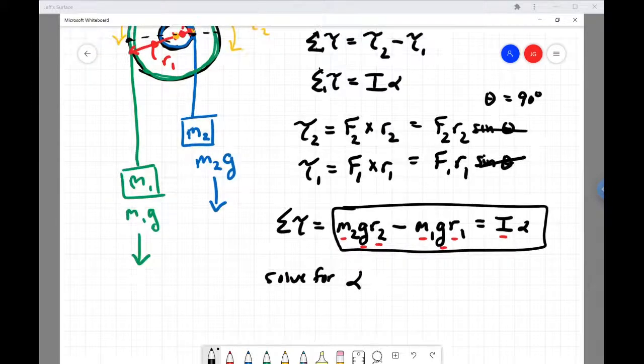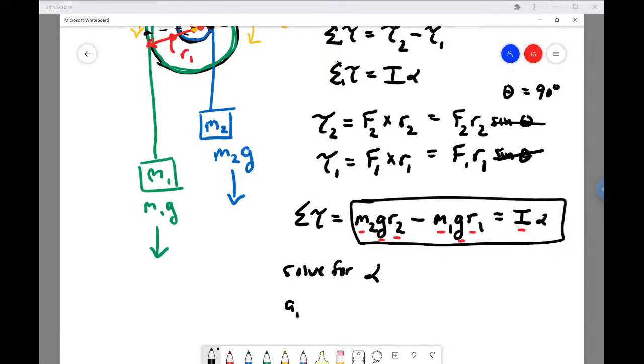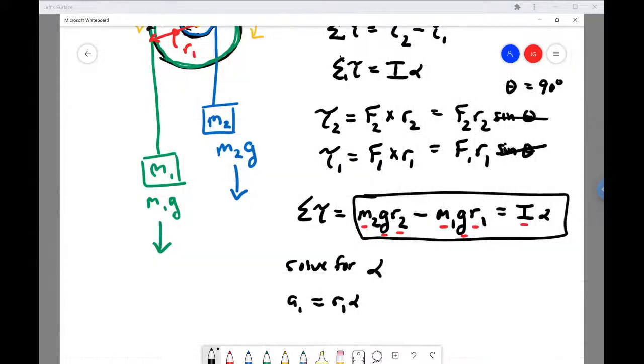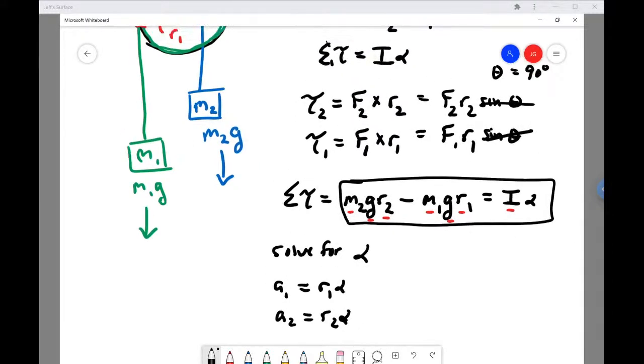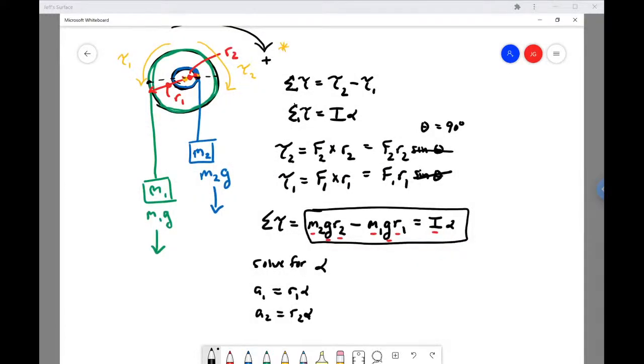And then once you have alpha, you can figure out the tangential acceleration of mass 1, because it's just equal to alpha times the radius R1. And you can find the tangential acceleration of R2 in the same way. Okay, so that's how you would set up that problem and solve it.